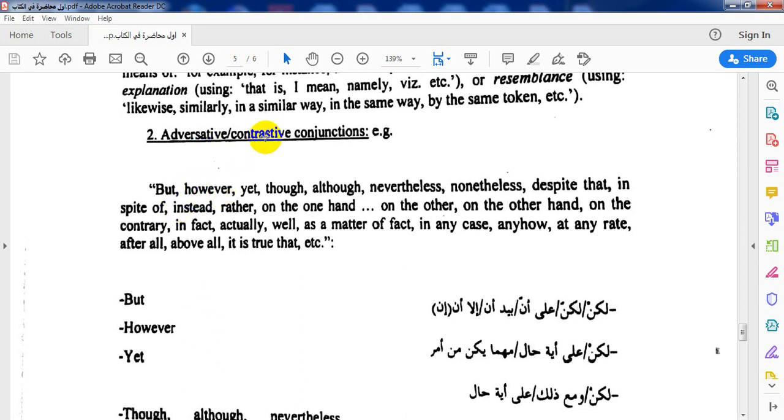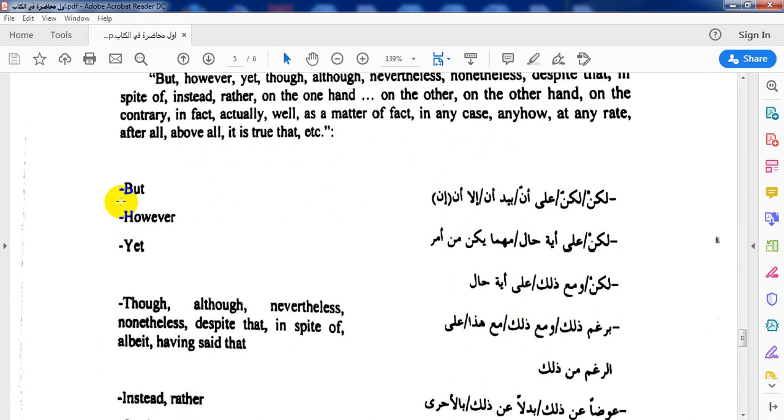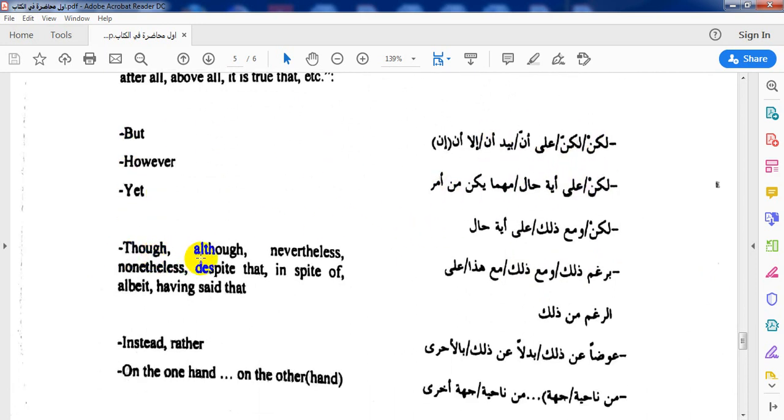So as contrastive conjunctions, we have but, however, yet, and those are their meanings in Arabic. Though, although, nevertheless, nonetheless, despite that, in spite of, albeit, having said that, yes, with the same meaning. برغم ذلك، مع ذلك، مع هذا، على الرغم من ذلك.